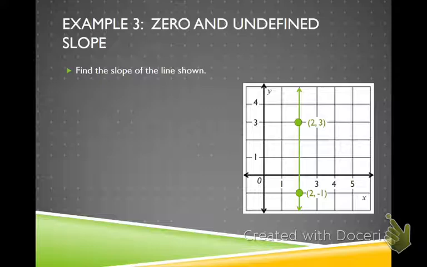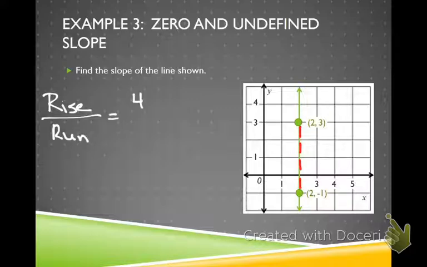All right, well, look at the vertical line now. The reason the vertical line is undefined is because now I have a rise, let's say, between these 2 points of 1, 2, 3, and 4. So now my rise over run is 4, and the run is 0.